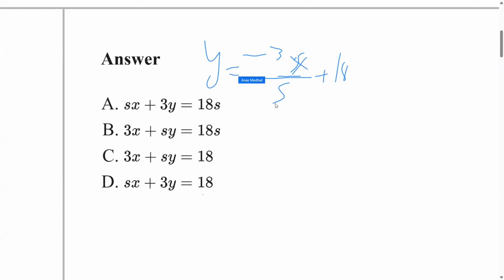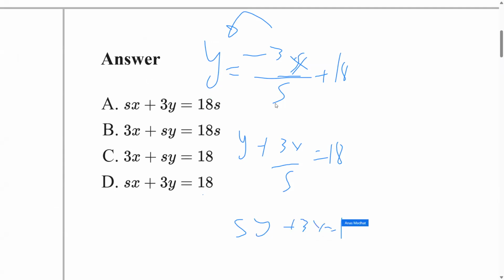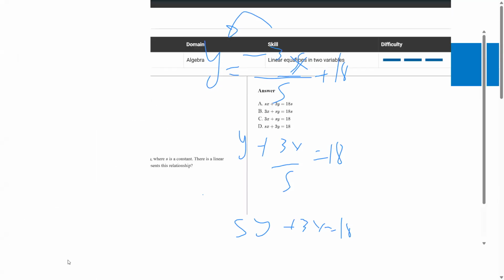Then we shift this here. Y plus 3x over S equals 18. Multiply the equation by S. So Sy plus 3x equals 18S. So the answer is B.